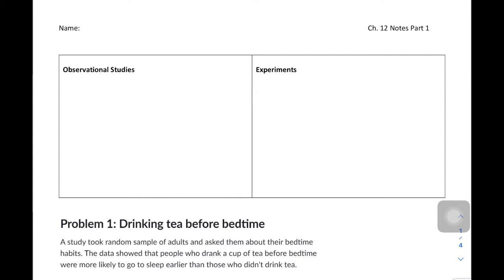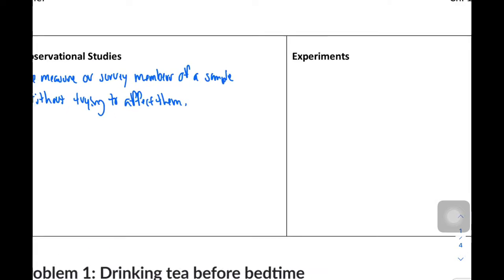In an observational study, we measure or survey members of a sample without trying to affect them. So this would be the definition of an observational study.